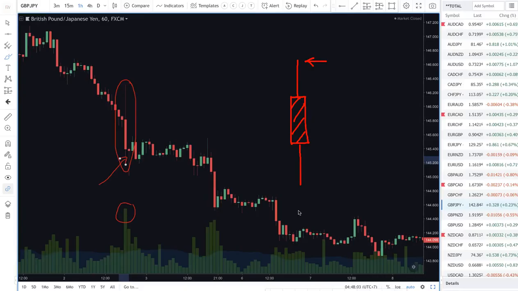You've got to go down to a smaller time frame to find out where the pressure was coming from. Was it this way or was it this way? Once you find out that pressure, things will make a little bit more sense. Then you have a little bit more confirmed identity or direction.